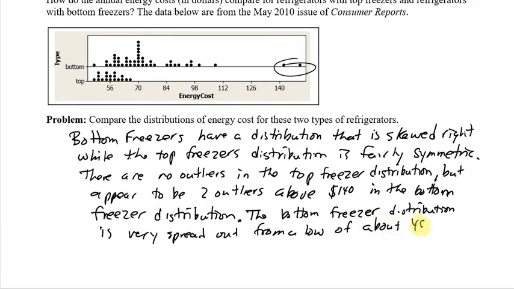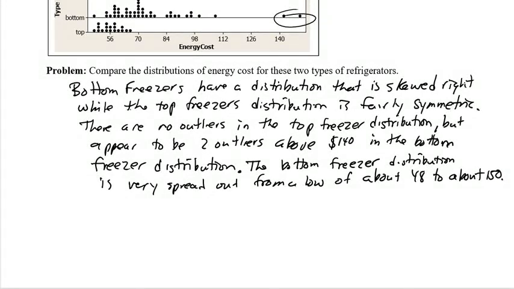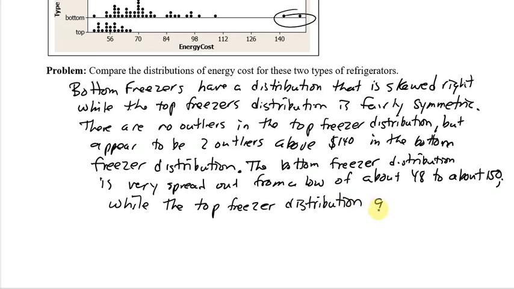That's quite a big spread compared to the top freezers, while the top freezer distribution goes from about $48 to about $68. The top freezer distribution is much less spread out than the bottom freezer distribution is.